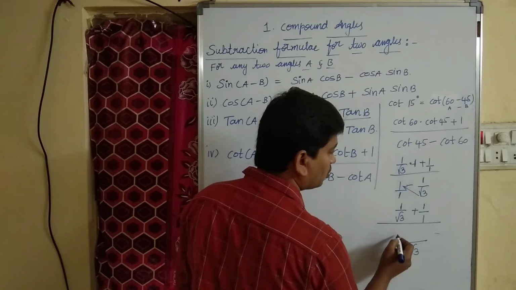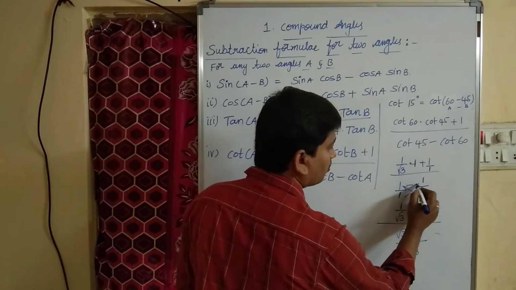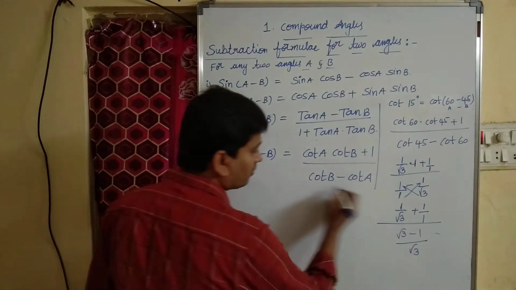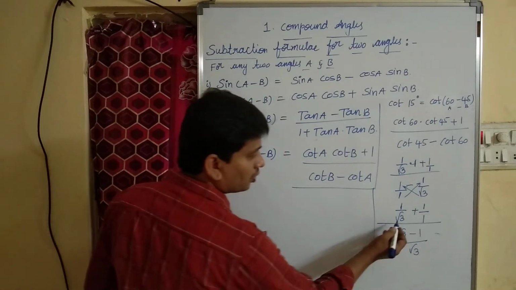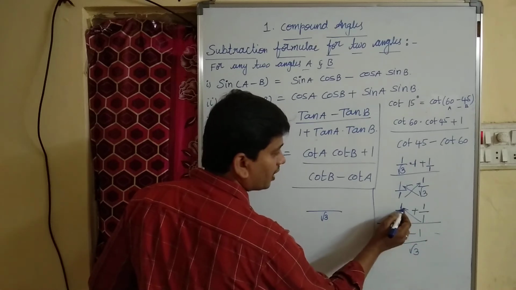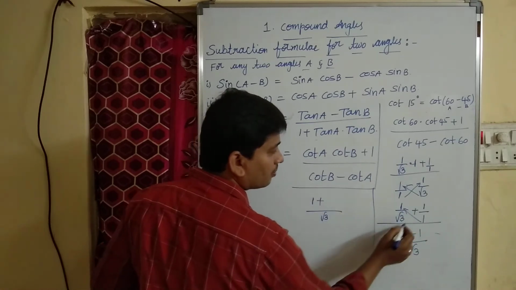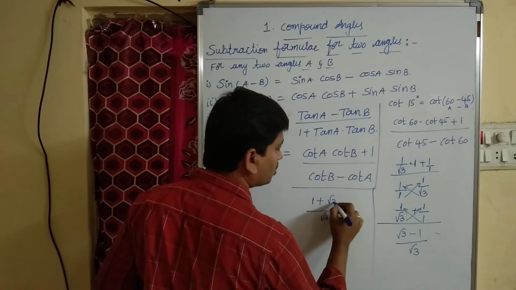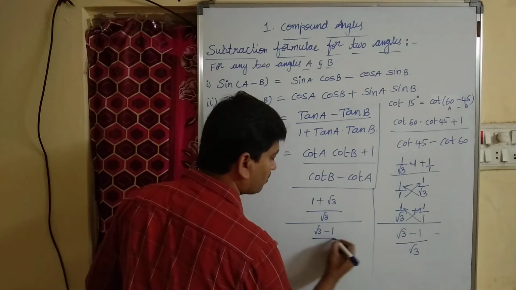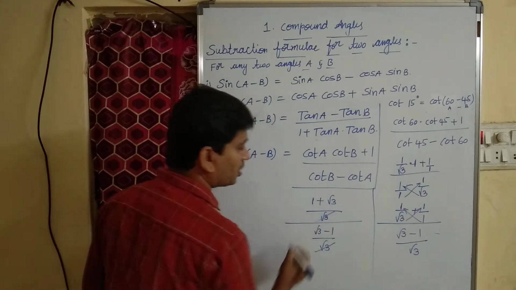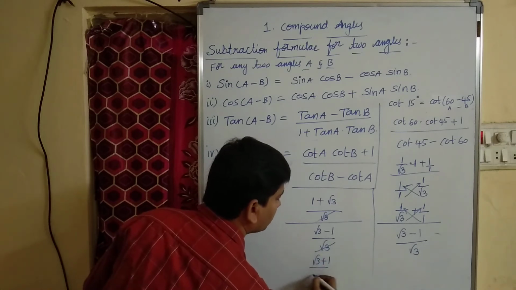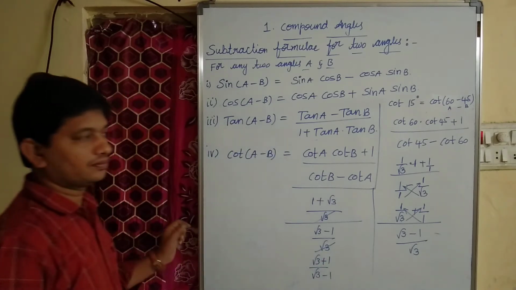Cross multiplication: root 3 into 1 is root 3 minus 1 into 1 minus 1. Again for the numerator, root 3 comma 1 LCM is root 3: 1 into 1 is 1 plus root 3 into 1 is root 3, divided by root 3 minus 1 by root 3. Root 3 gets cancelled. We got root 3 plus 1 divided by root 3 minus 1.